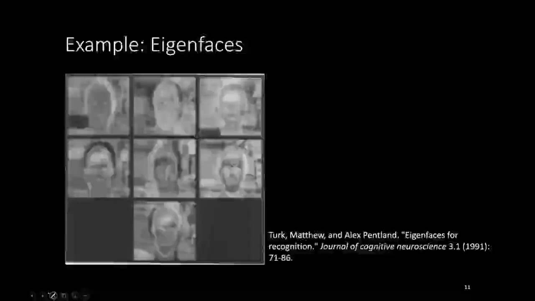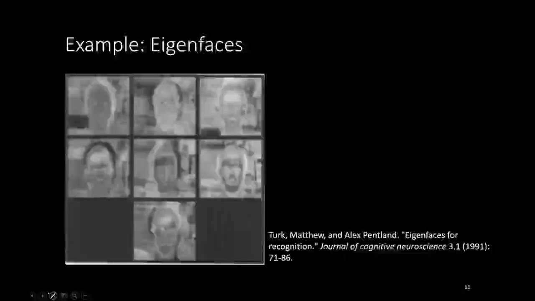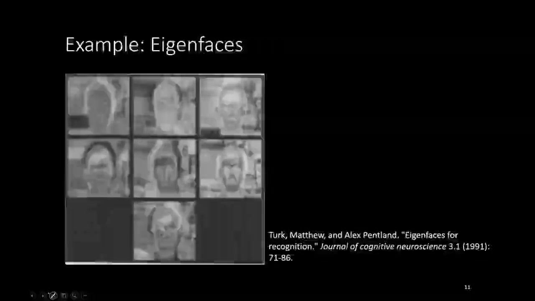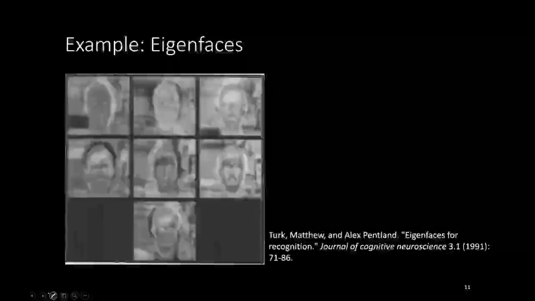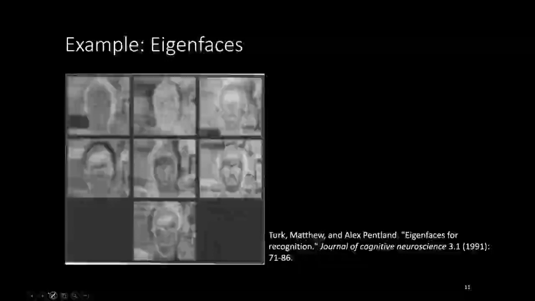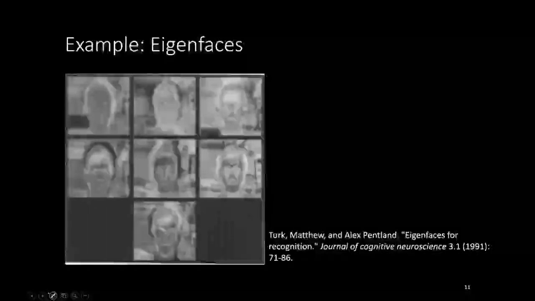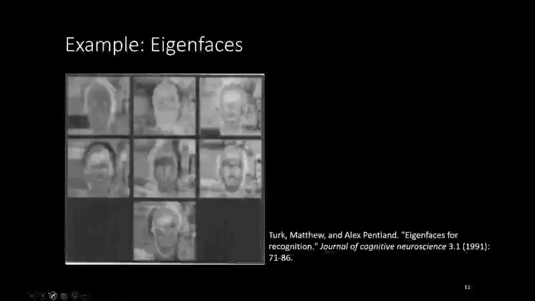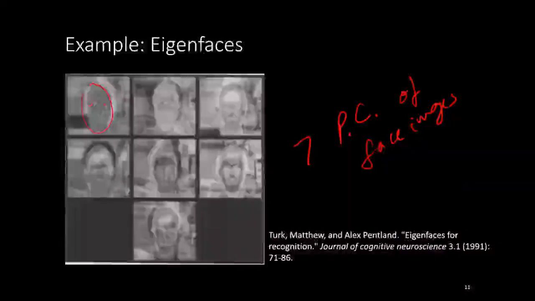So the first dimension will capture the average variation face behavior. Second would capture the deviations that are left from the first one, and the third will capture the next, and so forth. So these are the 7 principal components of face images. Okay, so you can see that this looks like the first deviation from an average face. If you take an average face, we are subtracting the average.